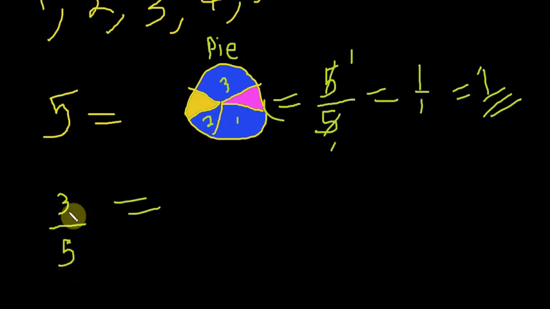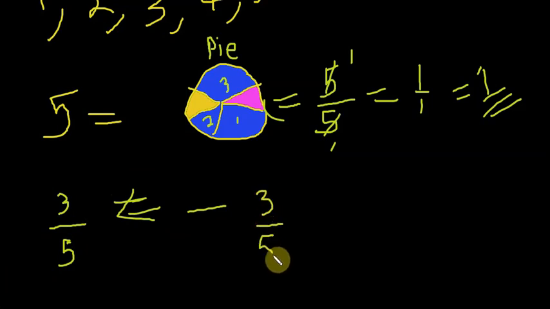What we have written right here is a fraction. This person will not get the whole 5, but will get 3 over 5.